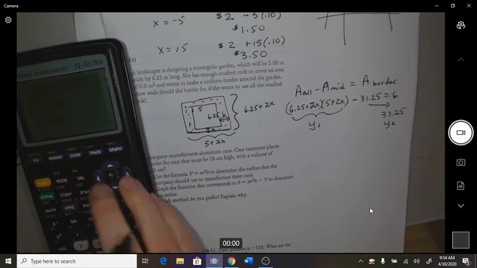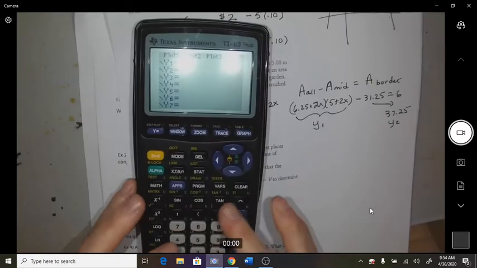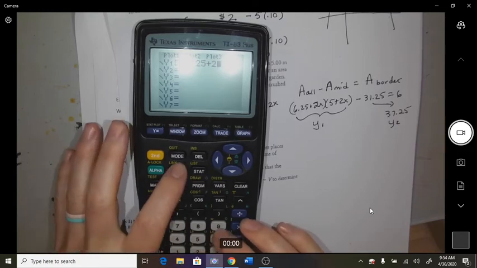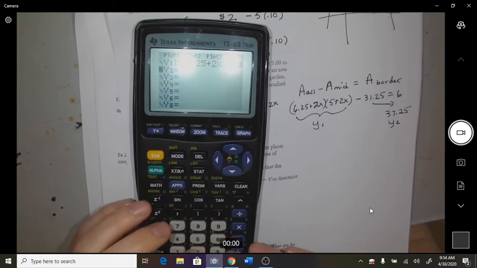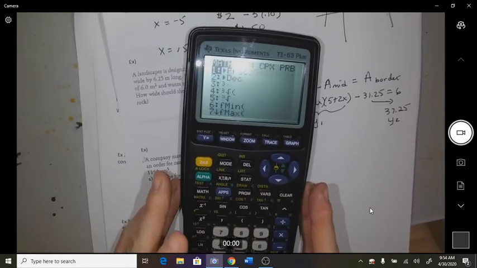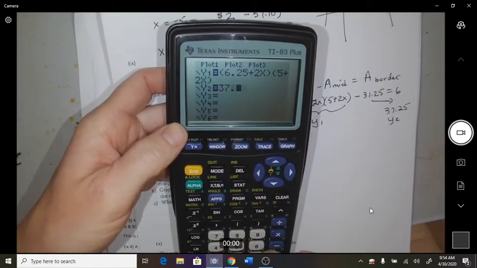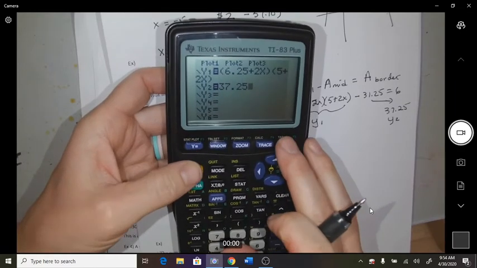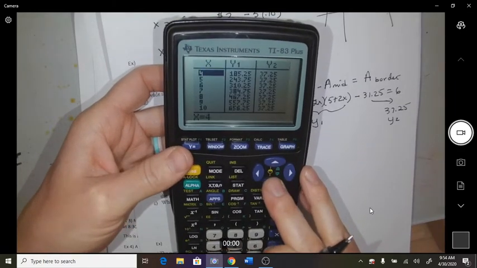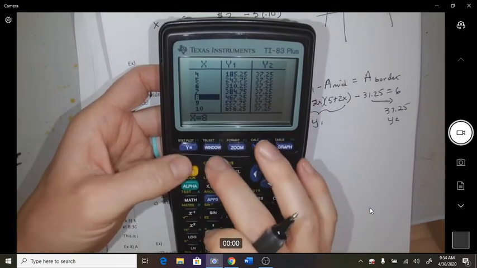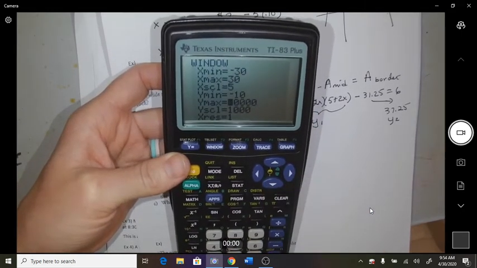Okay, so there could be various ways to do that. Okay, so 6.25 plus 2x in brackets. There's my y1 and 37.25. Okay, what are we getting here? So we're in the 600s, so let's go to a max of 1,000.